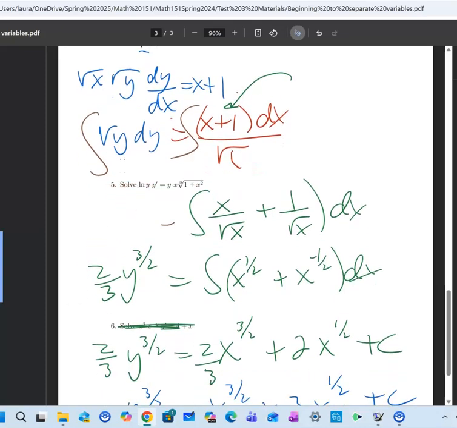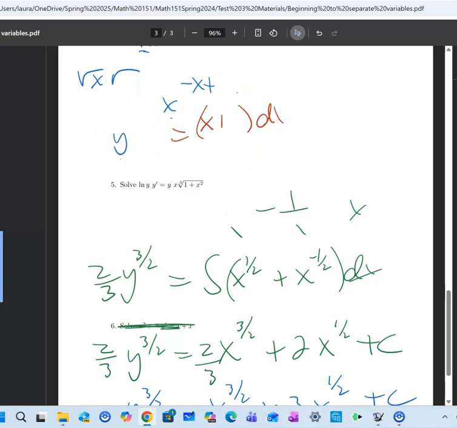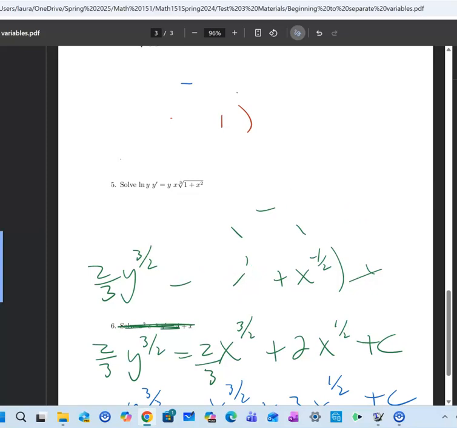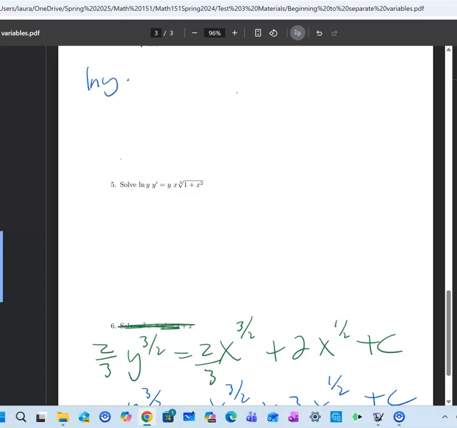So let's come back to number 5. Again, you want to first rewrite y prime as dy over dx, and then you're thinking about separating the variables. Okay, so ln of y times dy over dx equals y x, and that's a cube root of 1 plus x squared.